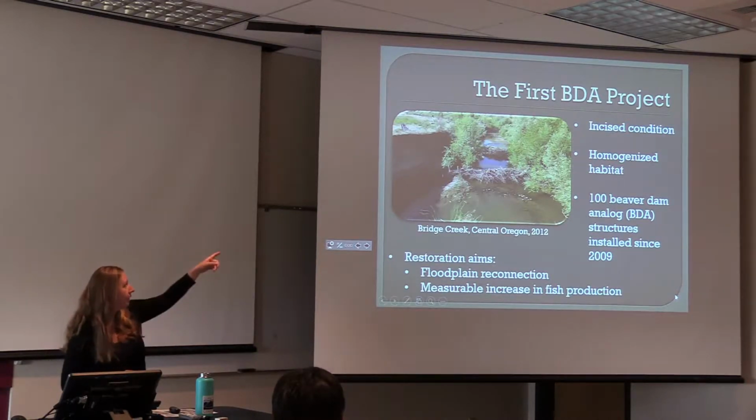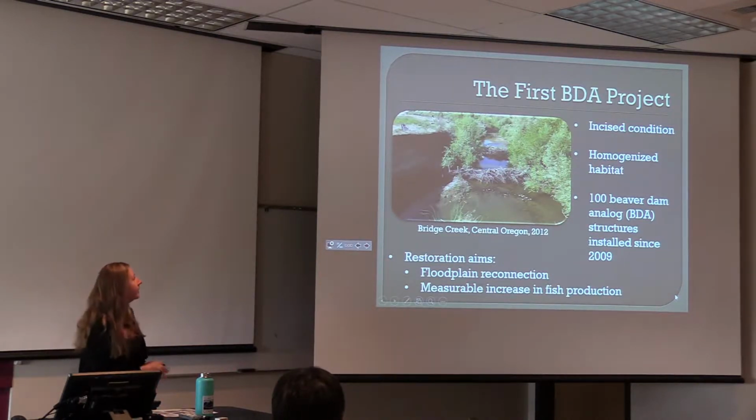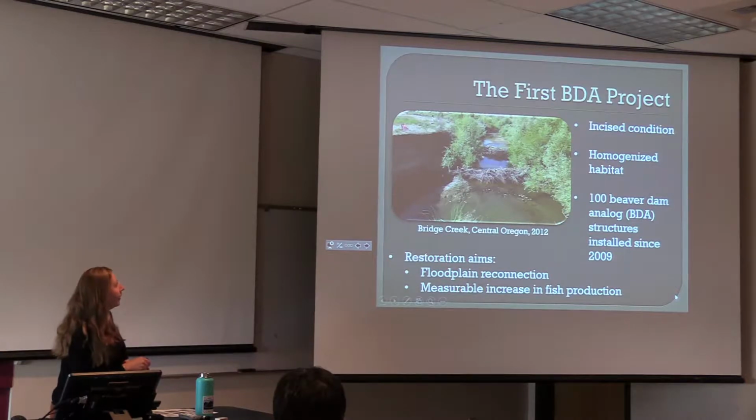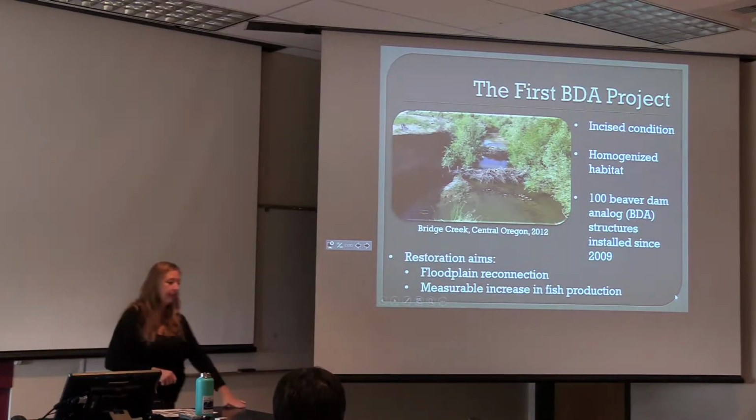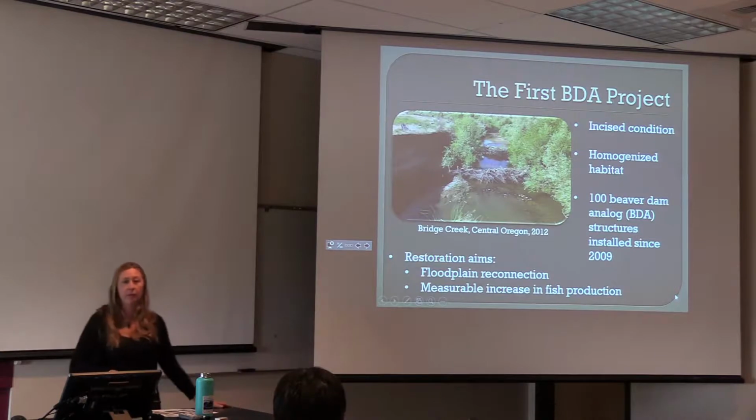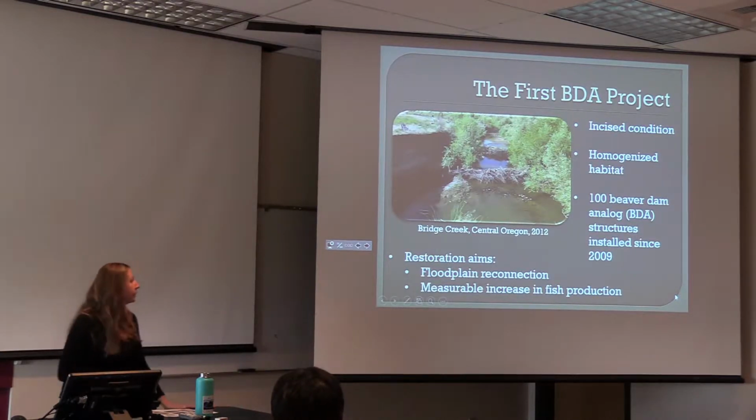Here you can see how incised it is, right? This is my backpack up here. It's like 15 or 20 feet of incision in most places in this creek. The BDAs were probably about as tall as the table, so they're pretty big structures, but they're super cheap to install.